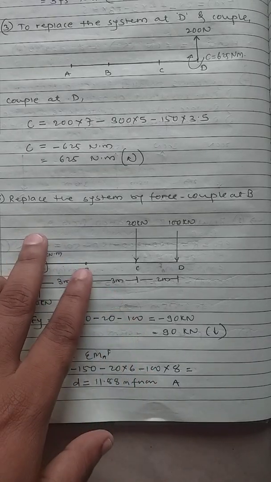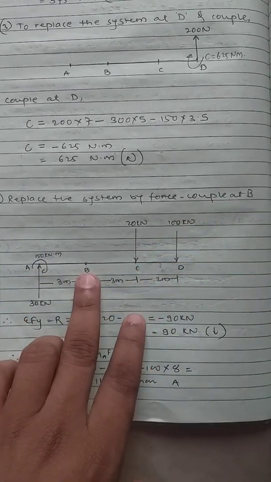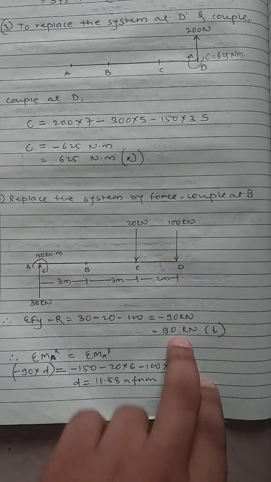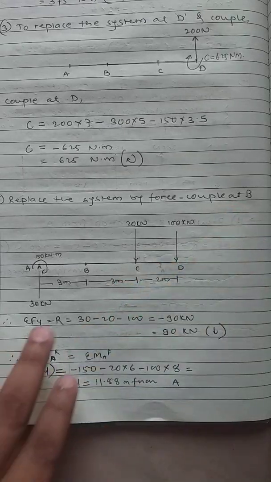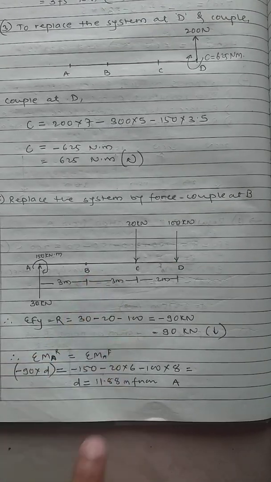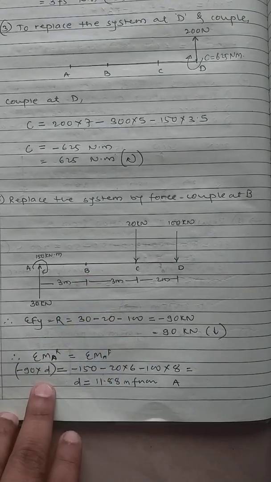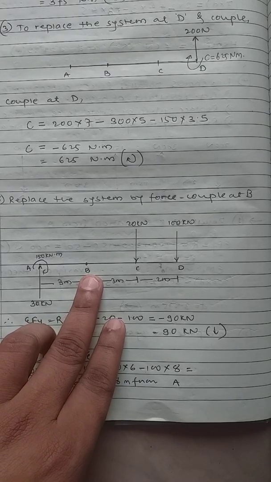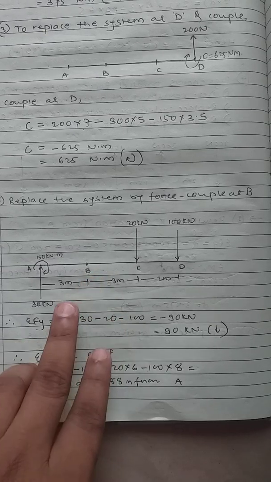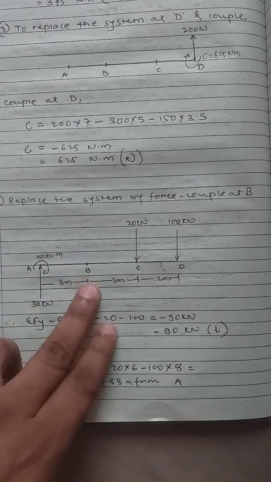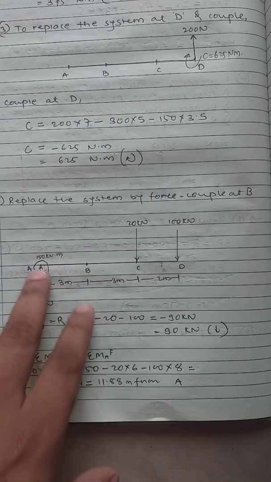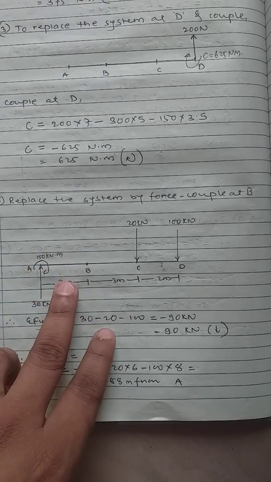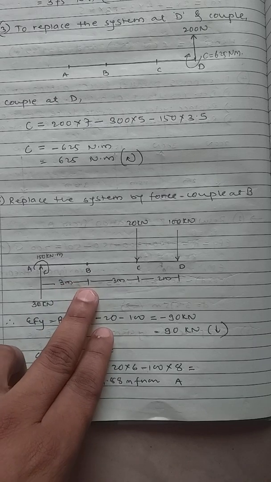But when we replace the system by a single force and couple at point B, couple at point B means we have to take the moment at point B. Once you take the moment at point B, you will find that this 30 is in a clockwise direction, so this will be 30 into 3. You can consider positive or negative.